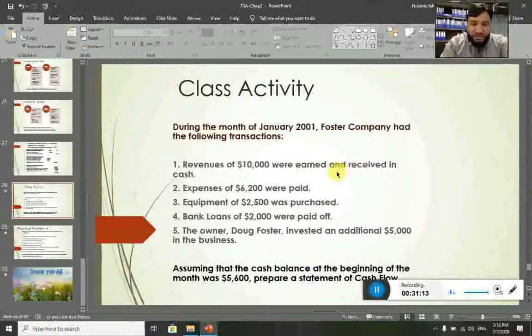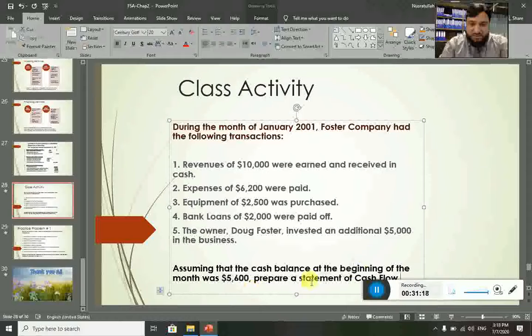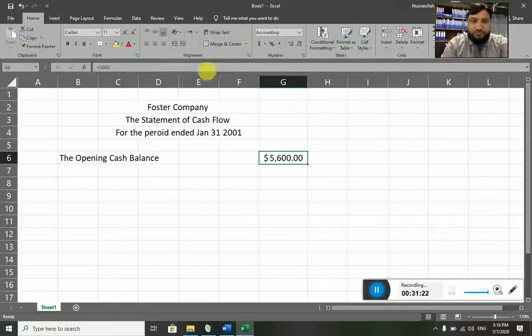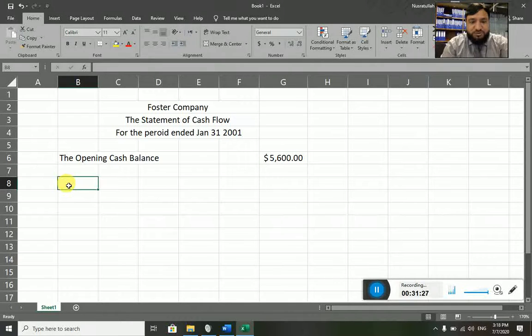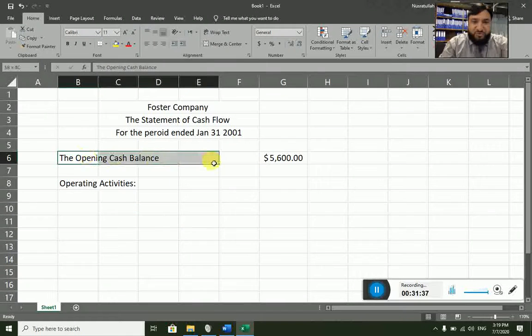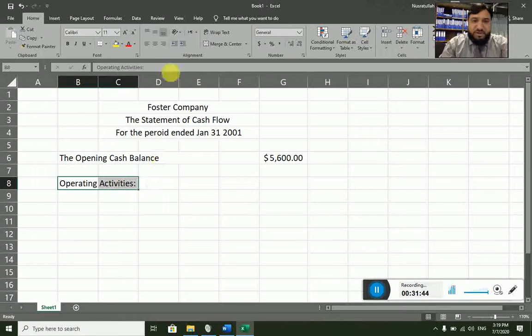Let me see, it is 5,600. All right. Now let's do the first portion. The first portion is operating activities. I'll do formatting for this. All right, I'll also do formatting for this.